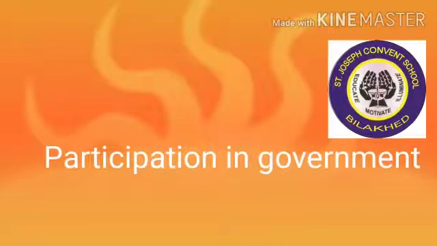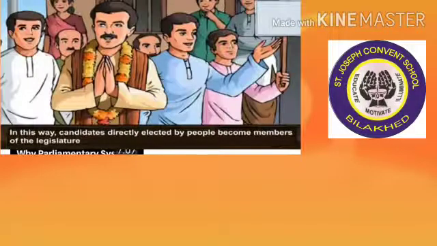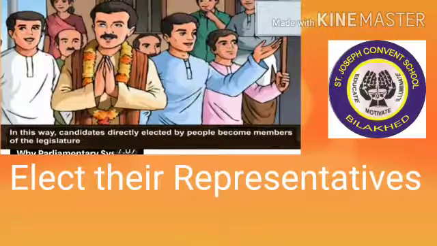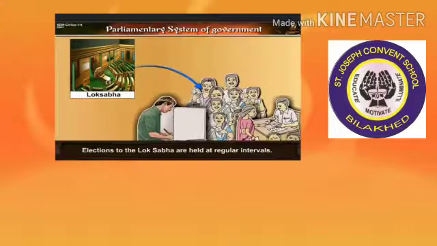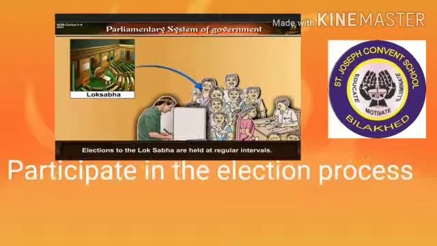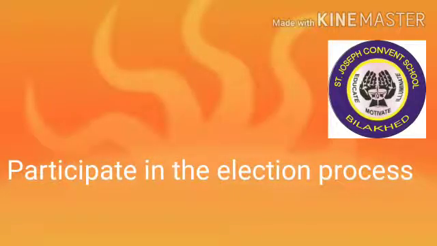With this, the people of India were choosing their own representatives. The election is held every 5 years, and all Indians can participate in this election process. These elected representatives form the parliament of the country.